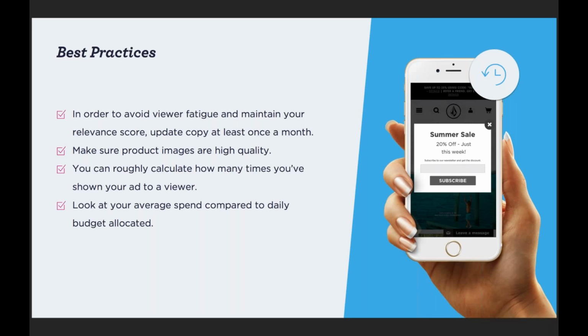So one thing that you can do to avoid viewer fatigue and to maintain a good relevance score is to make sure you're updating your copy at least once a month, especially for an abandoned cart campaign or a recent buyer campaign. You want to keep it fresh. You want to make sure that people have a reason to shop.